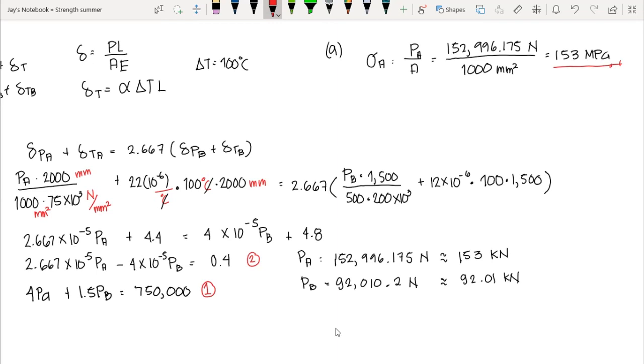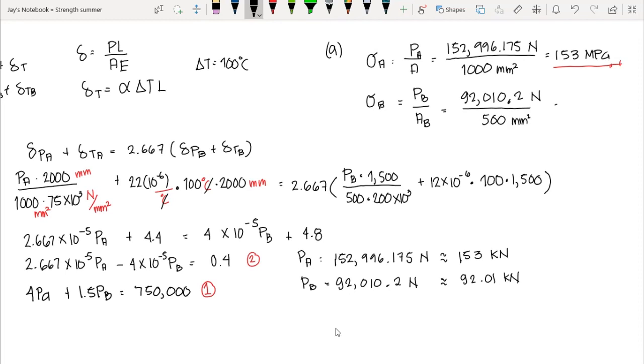Okay? So therefore, this is the stress in the aluminum due to the axial load and the change in temperature. Now for the stress experienced by steel or by bar B, we have PB over the area of B, that is 92,010.2 Newton over the area, that is 500 square millimeter.